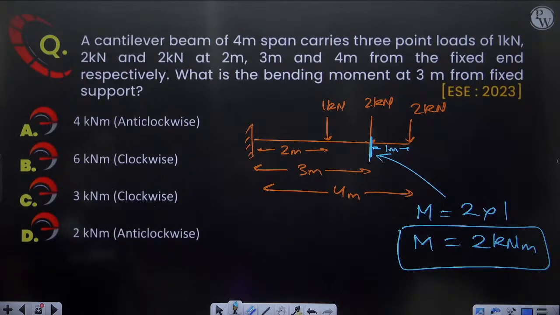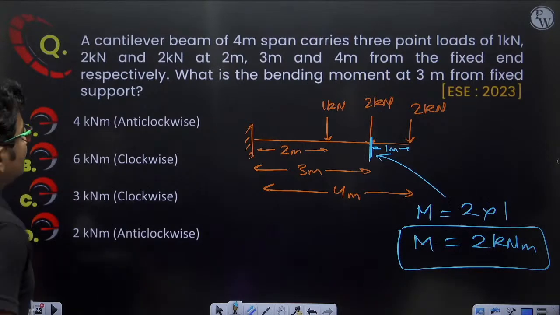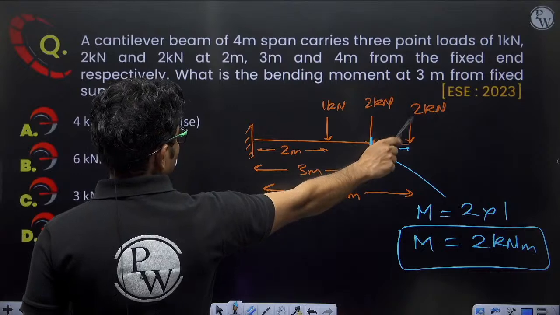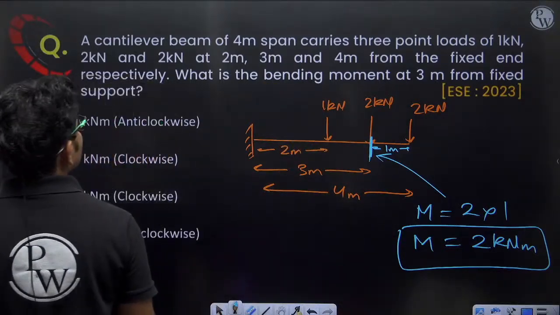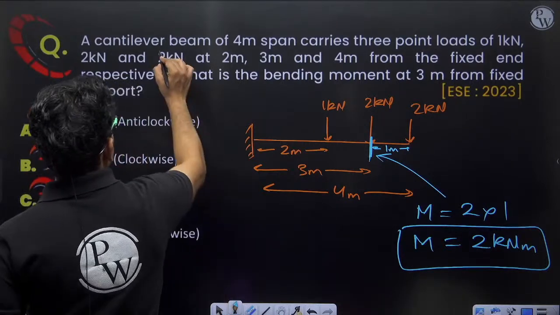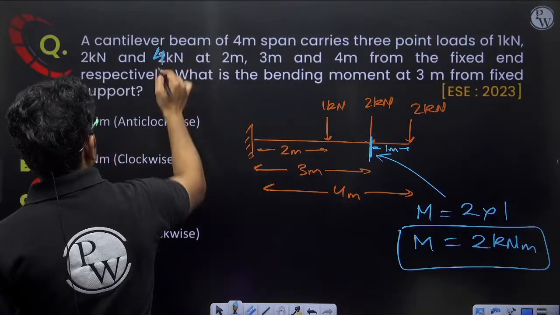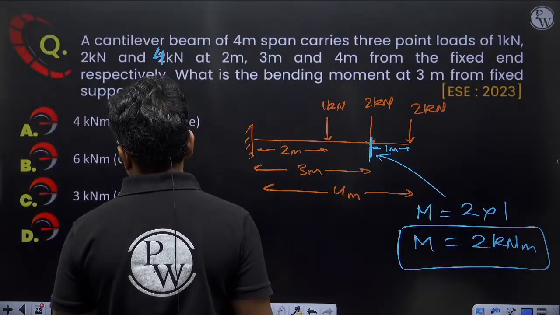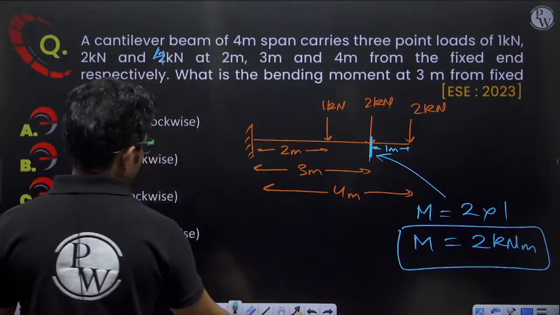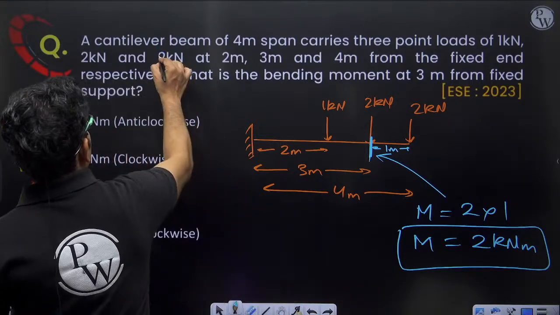Again, I think there is some mistake in this question, because if this is 2 kilonewton, then the answer will be 2 kilonewton meter. Maybe this is 4 kilonewton, maybe, or it will be 3 kilonewton. There might be a typing error.